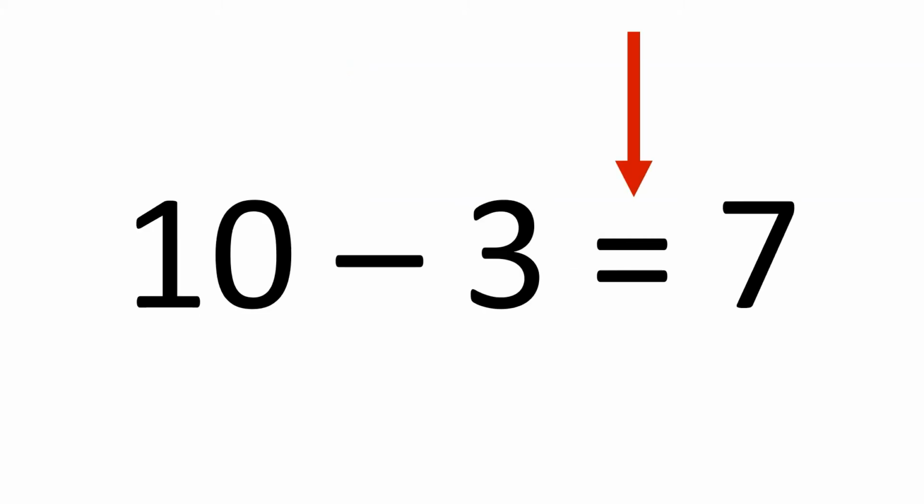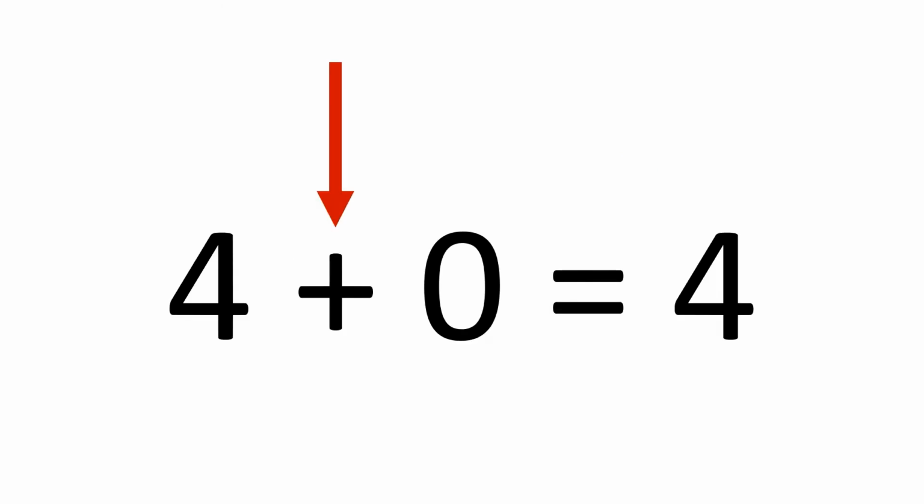What sign is the arrow pointing to? Equal sign. This arrow is pointing to our equal sign. Get ready. What sign is this? A plus sign. This is the plus sign. And when we see the plus sign, we know that we are adding.